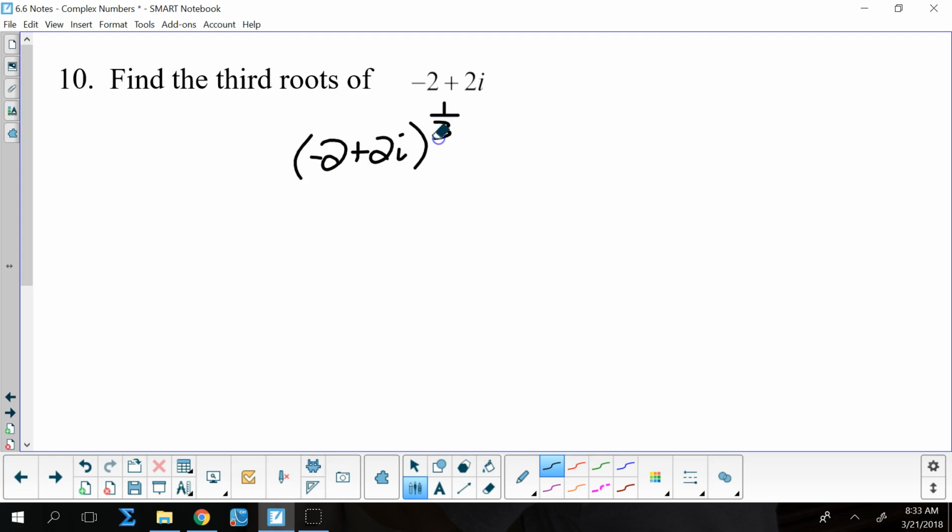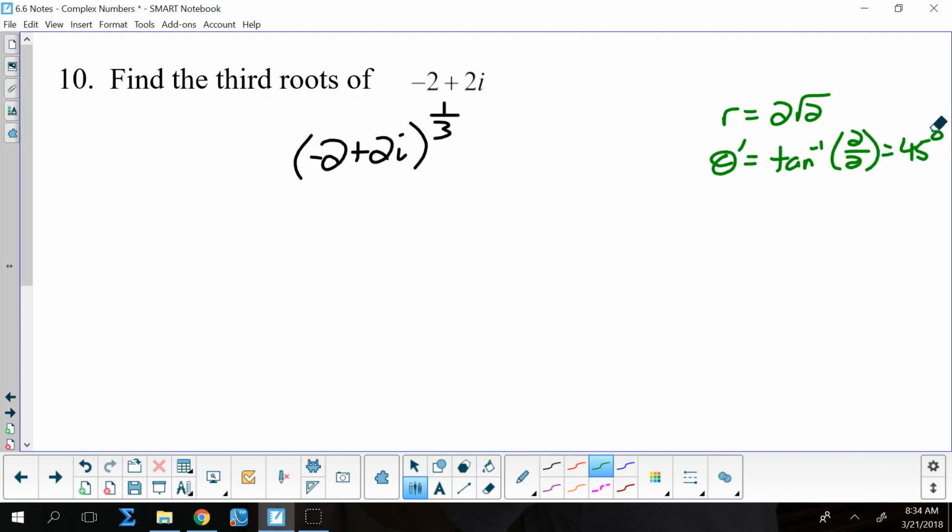So my r value here is going to be 2 times the square root of 2, because it's -2 squared plus 2 squared, which is 4 plus 4, which is 8, which is 2 square roots of 2. My theta prime is the inverse tangent of 2 over 2, which is 45 degrees.